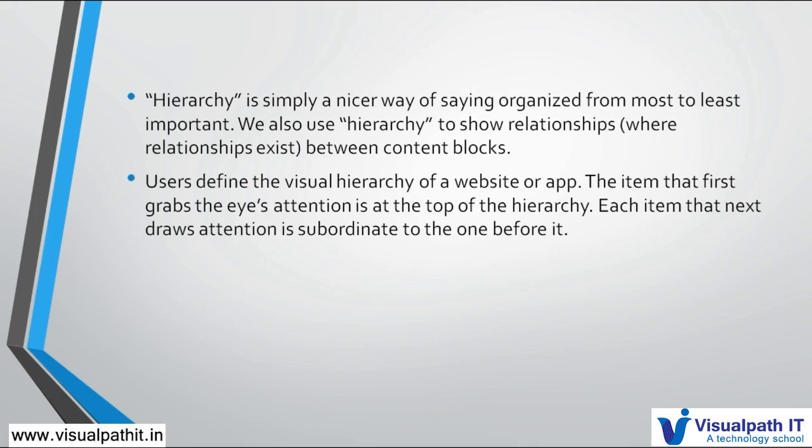Each item that next draws attention is subordinate to the one before it. So whatever data we put on a screen, the next data should be related to what is nearby. So the data matters when we keep or align things to each other.